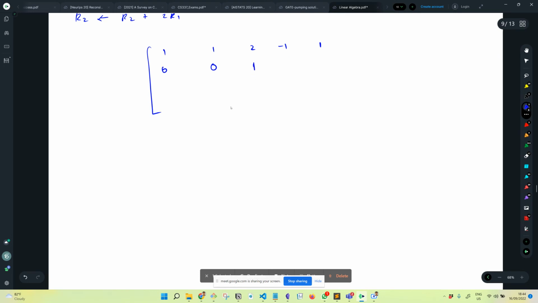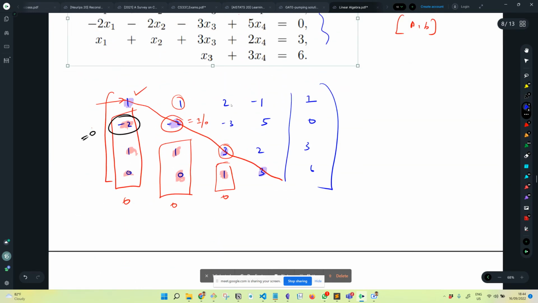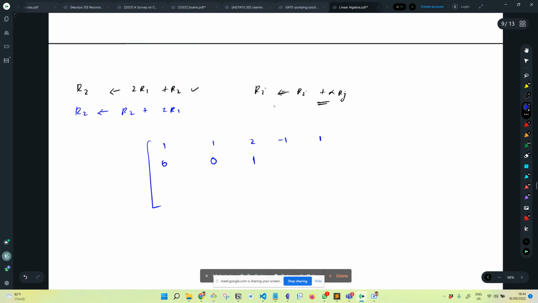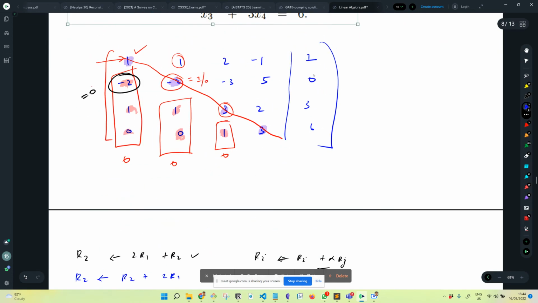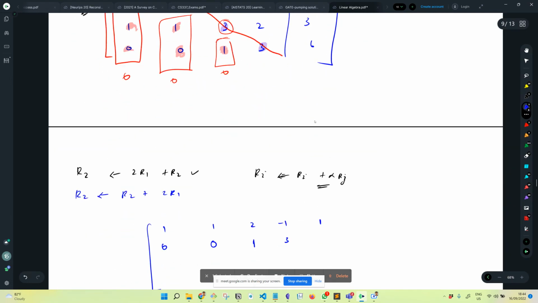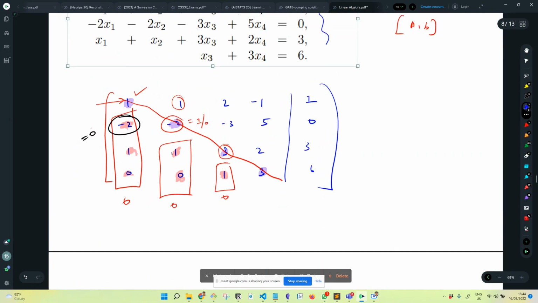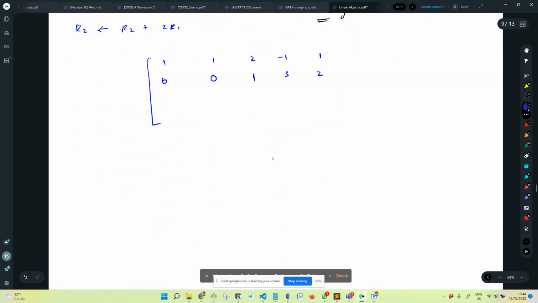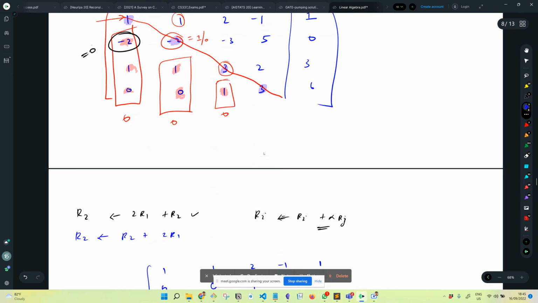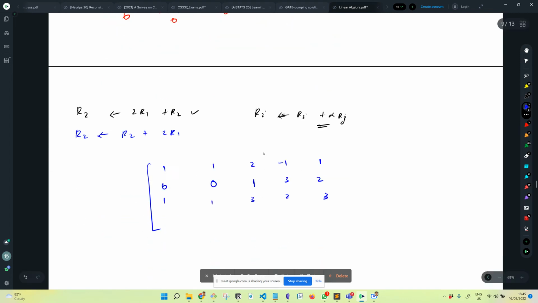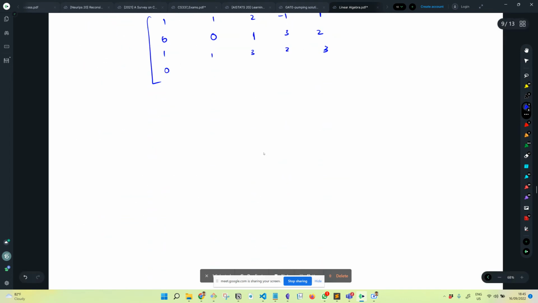Please alert me if I am making some calculation mistake. Then it will be 5 minus 2, which is 3. And this will be 0 plus 2, which is 2. And I'll simply copy over the remaining rows, which are 1, 1, 3, 2, 3, and the last row is 0, 0, 1, 3, 6.